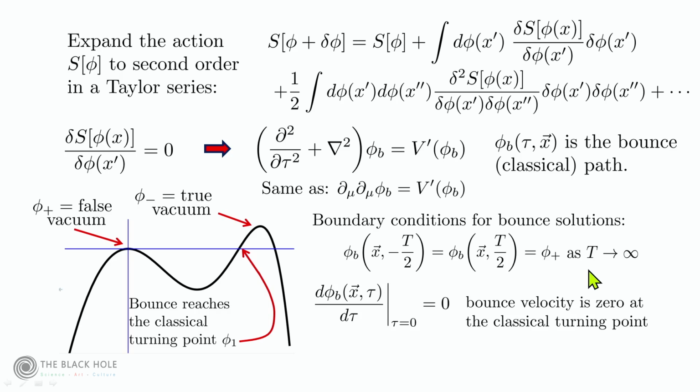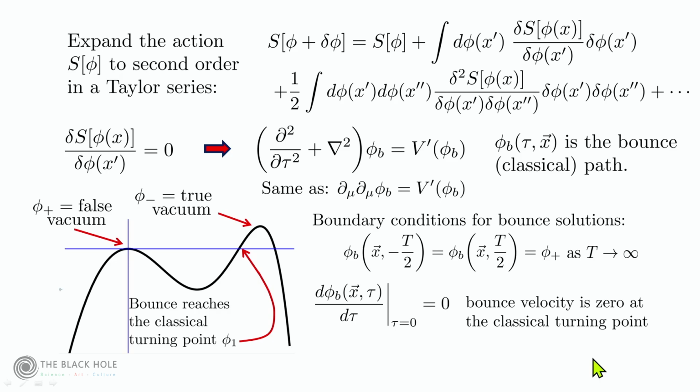Okay, there's also a condition on the bounce velocity. So when it reaches the classical turning point, which is here, it has slowed down to zero speed. So the derivative with respect to time, and let's say that it reached here at time tau equal to 0, well, the bounce velocity is 0 at the classical turning point.